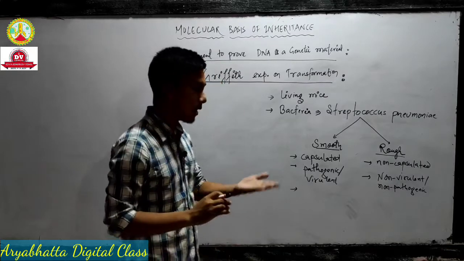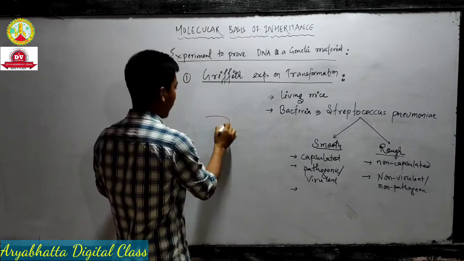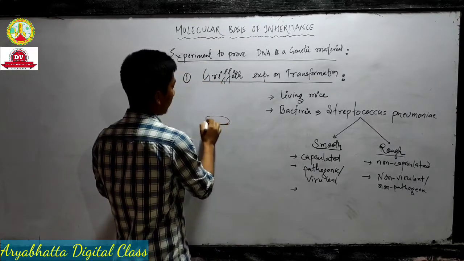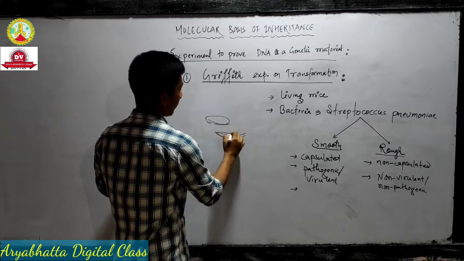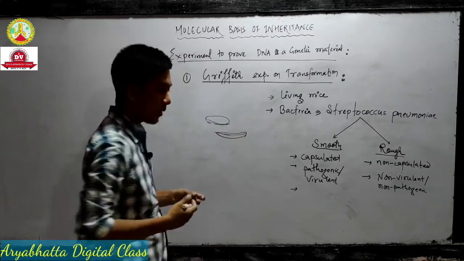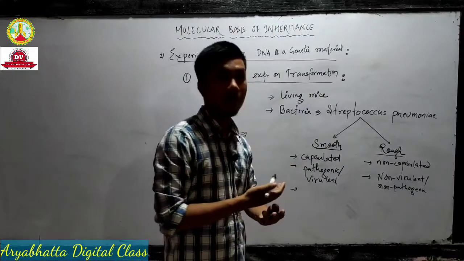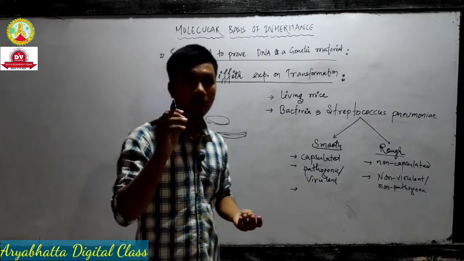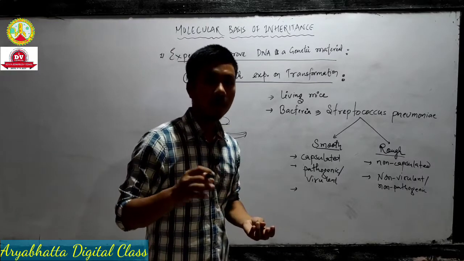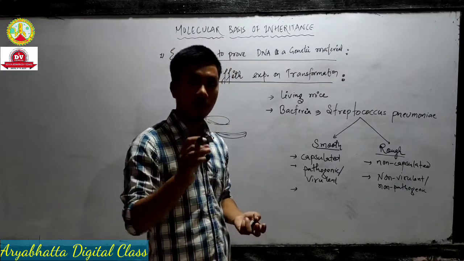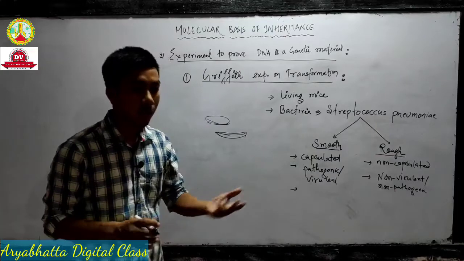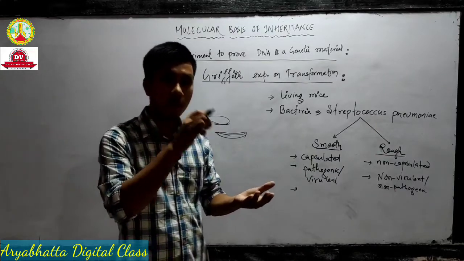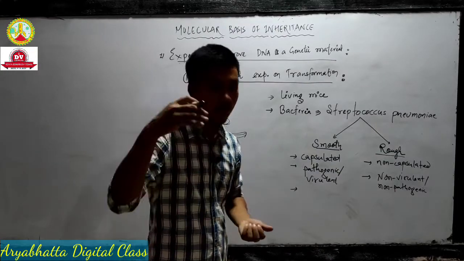A petri dish is a plate-like substance. When researchers or scientists do their research on bacteria, they always do it in a test tube or in a petri dish. A petri dish is a kind of plate-like substance where bacteria are kept along with their media.